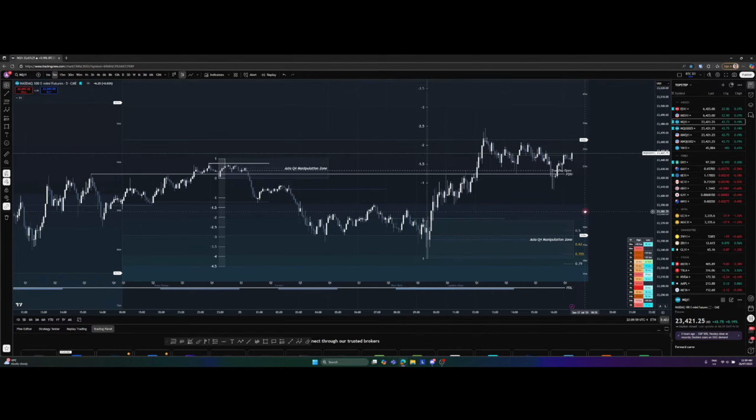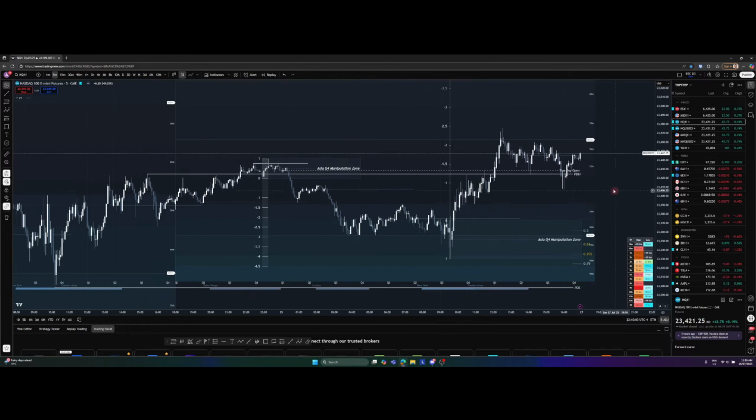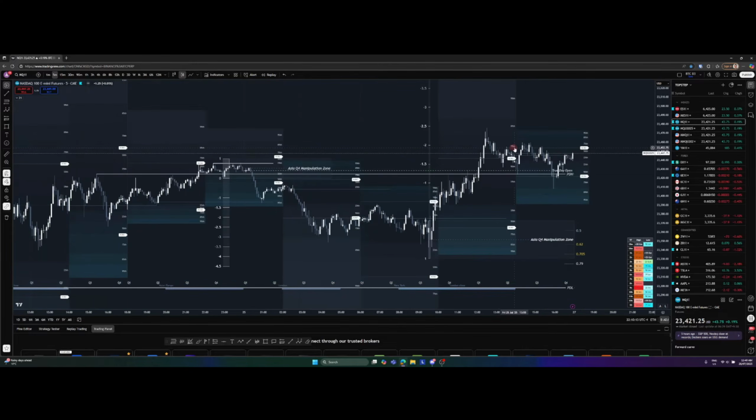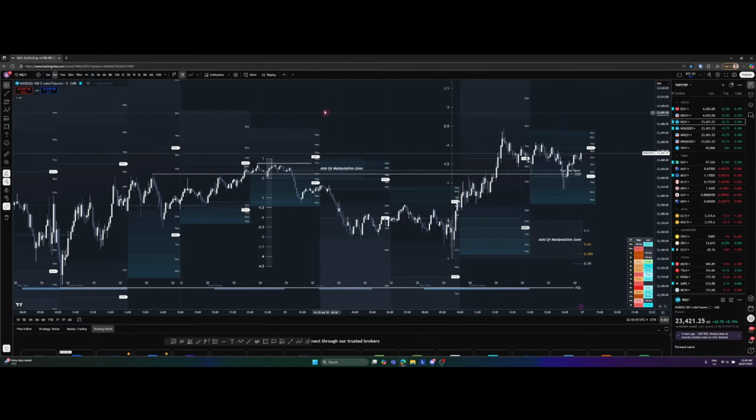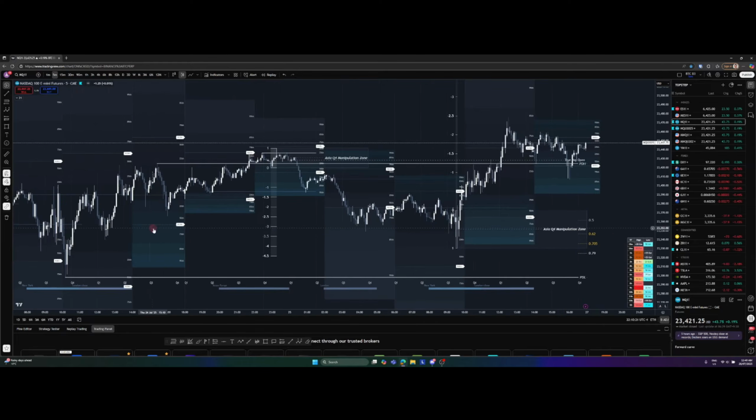We'll have a look at our H4 on C's to get an idea of order flow through this. Here we go. So we start the day as we come into Asia. Price is going on the H4 from internal to external, internal to external.